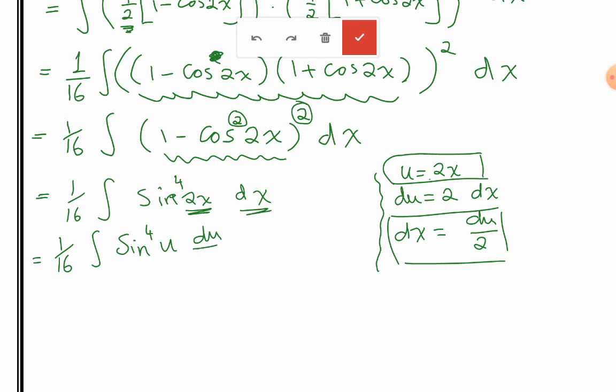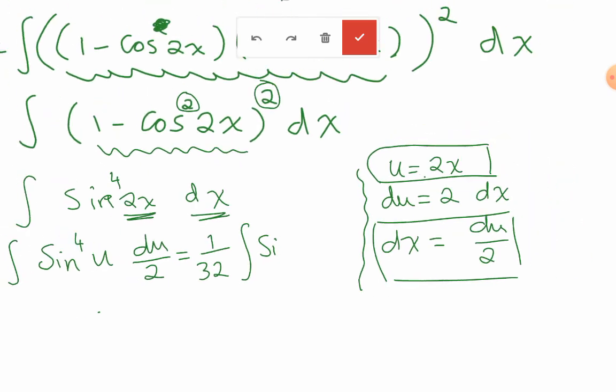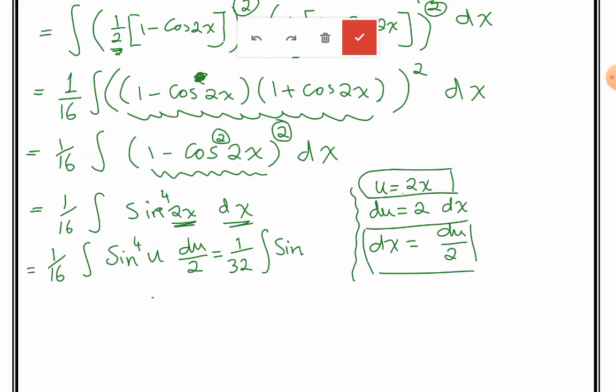So we can write 1/32 the integral of sine to the power of 4 u du.